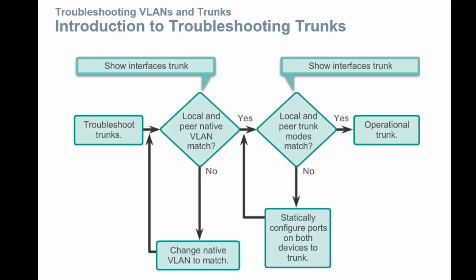Statically configure trunk links whenever possible. And then remember that Cisco Catalyst switch ports use DTP by default and attempt to negotiate a trunk link. And also to display the status of the trunk, the native VLAN used on the trunk link, and to verify the trunk establishment, you'd use the show interface trunk command.